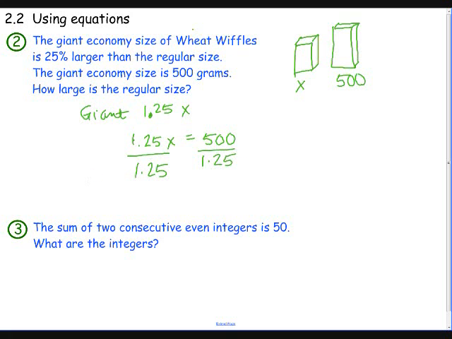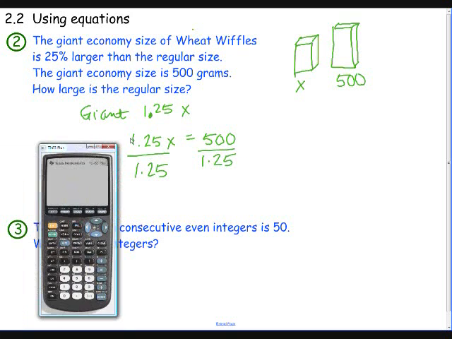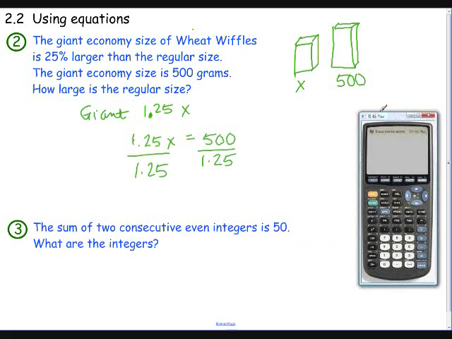Let me pull over my calculator, and we'll turn it on. When I divide 500 divided by 1.25, I get 400.